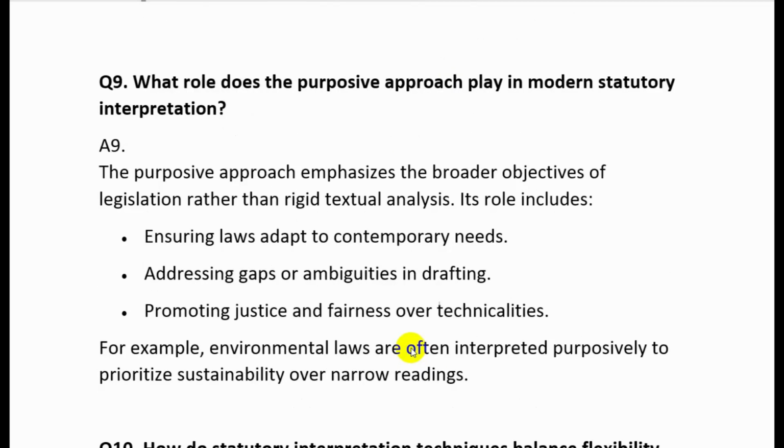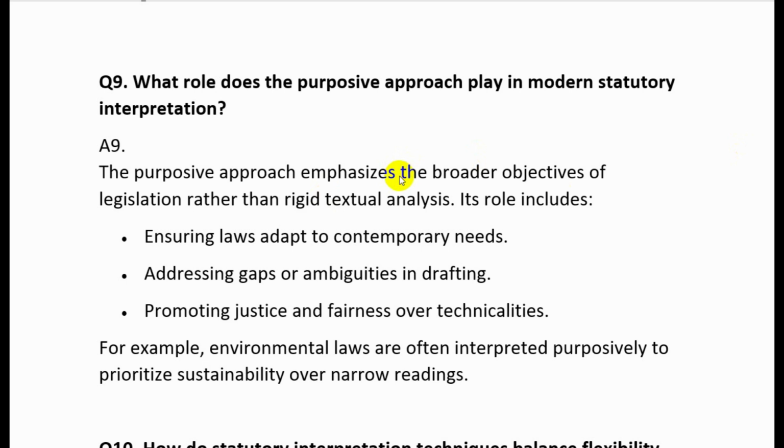Next, what role does the purposive approach play in modern statutory interpretation? Purposive means what was the purpose of bringing the law. That is what is meant by purposive approach. So here we are trying to understand the purpose of the legislature behind bringing this law. Not what the law is, but the purpose of that law, why it came in the first place. So the purposive approach emphasizes the broader objectives of the legislation.